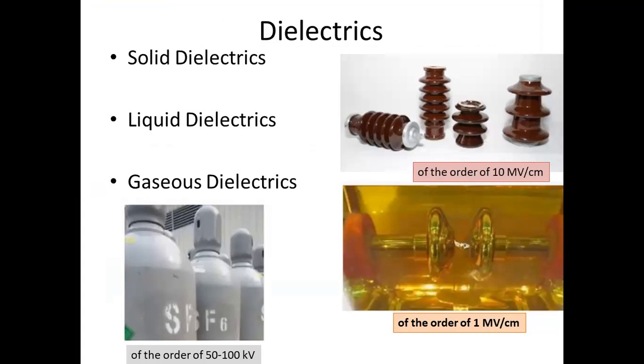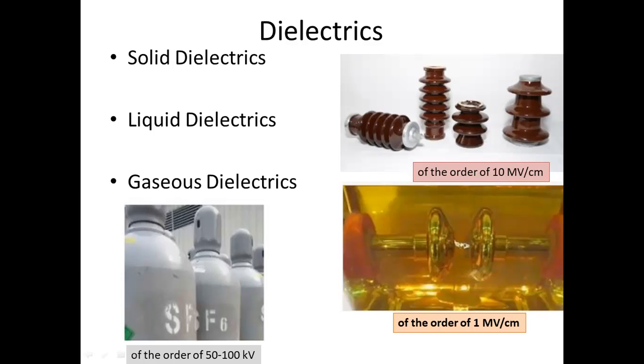We have three major categories of dielectrics: solid, liquid, and gaseous dielectrics, and all of these have their applications in different scenarios of the power system. These are examples of solid dielectrics. They are mostly made of ceramics or glass, or some are made with composite material, meaning a mixture of materials.